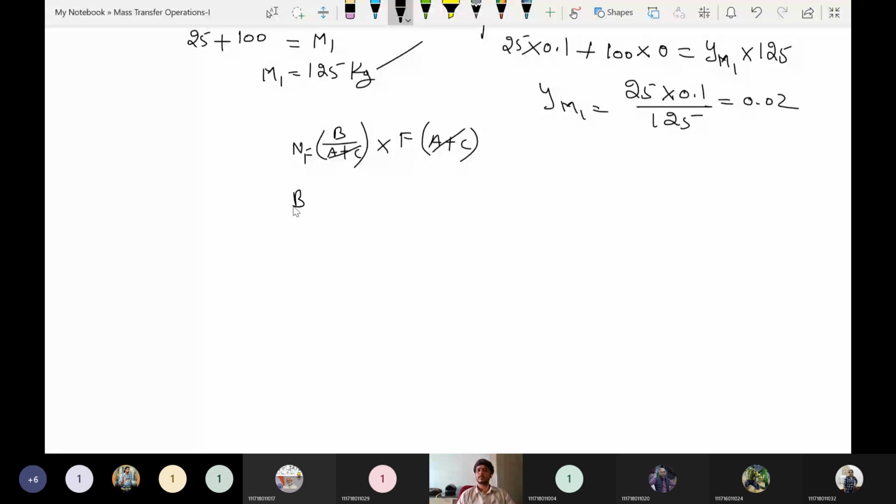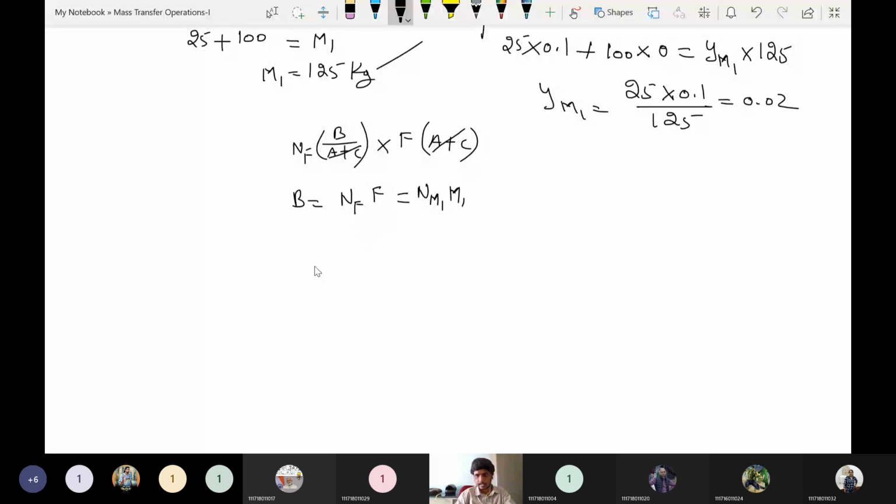So B is equal to NF into F. As soon as it reaches the equilibrium stage, this is always NM into M1, and they are equal. In this, how many parameters do we already know? NF. Did we know NF? Yes, NF is B by A plus C, so that is 3.